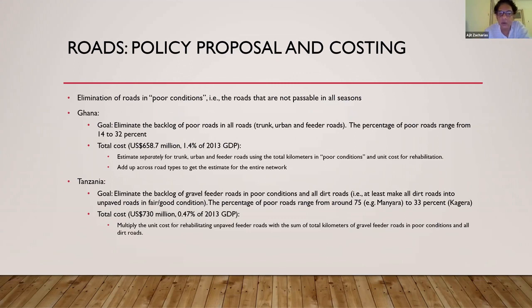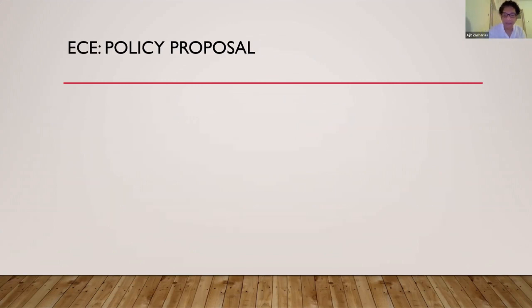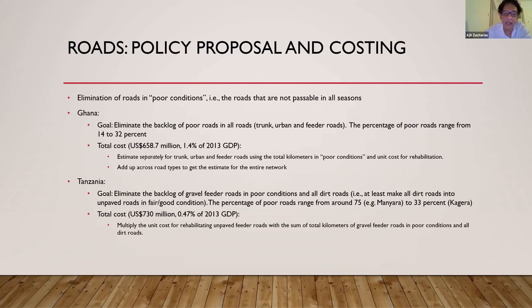For Tanzania, the goal is different. And again, this reflects the condition of roads in the two countries. Tanzania's road infrastructure is relatively less developed compared to Ghana. So here the focus is on eliminating the backlog of gravel feeder roads in poor condition and all dirt roads, right?